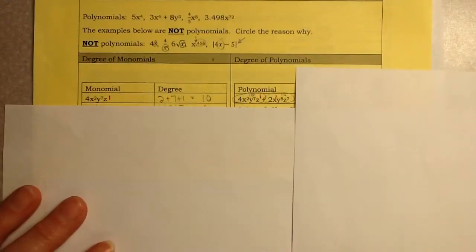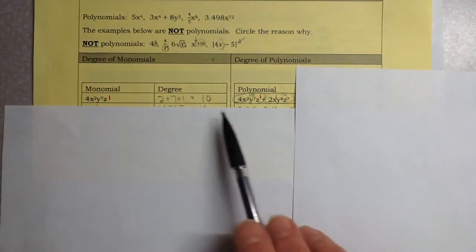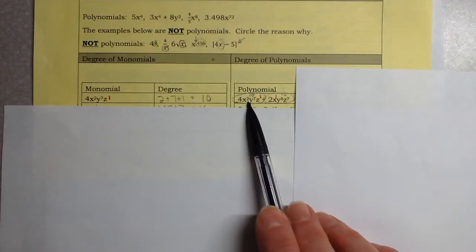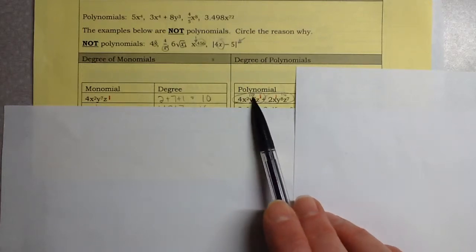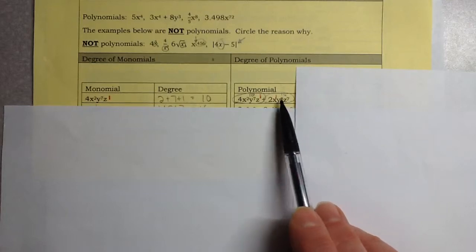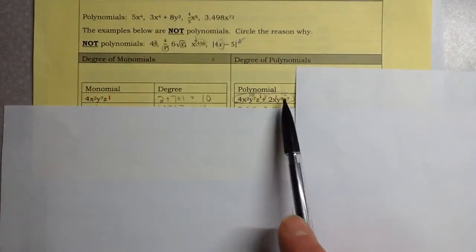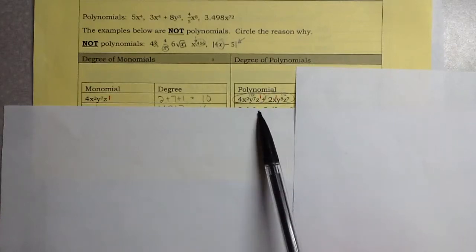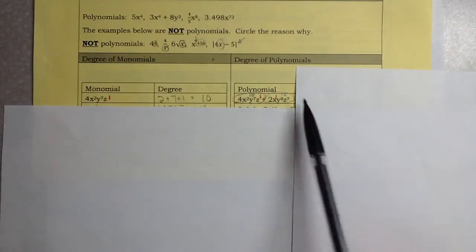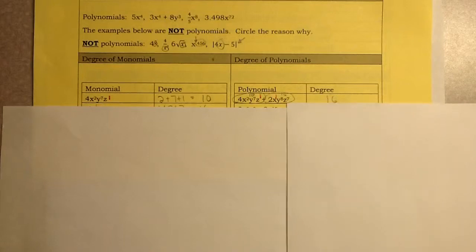So here's our first one, and we already figured this one out. We have 7 and 2 is 9 and 1 is 10, and this one would be 15 and 16. So there are 2 monomials in this polynomial. We picked the one with the highest degree. This one has 10, this one has 16, so we're going to choose the degree 16 for this one.